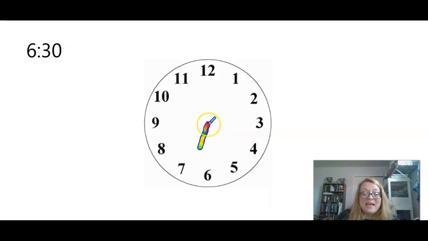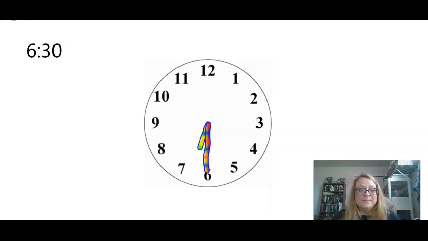And then our minute hand says that we are at what number? Directly at the 6. Okay, so that's what your clock should look like. If it doesn't, just make it look like it now. It's more important that we fix our problems than that we get it right the first time. Learning is a process and mistakes are always good.